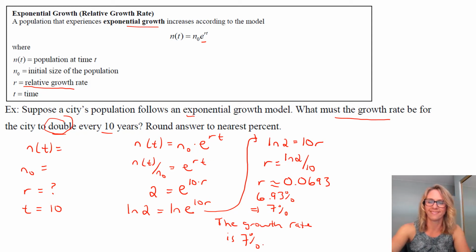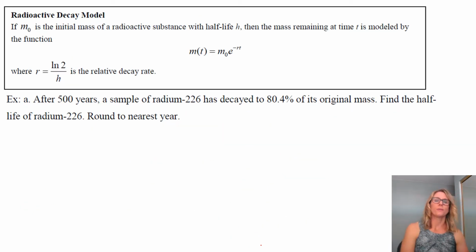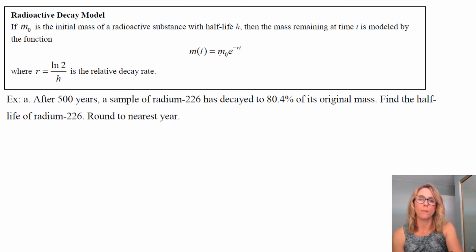All right, so we have a couple more examples. Another thing is decay. So you can have exponential growth, but you can also have exponential decay. A common thing is substances that have a half-life.